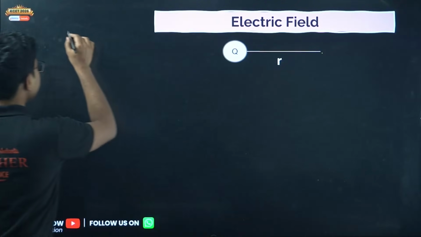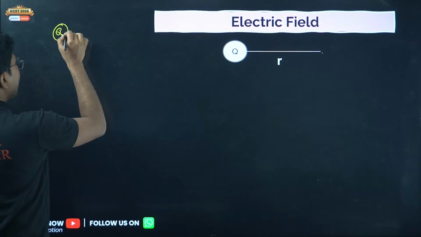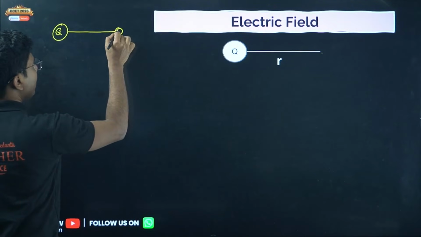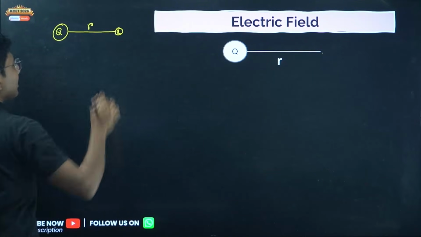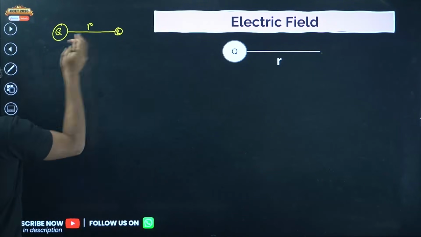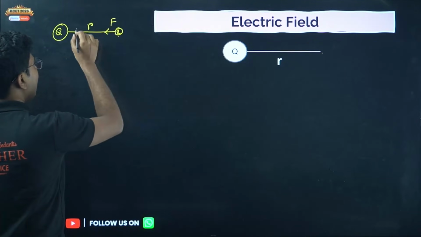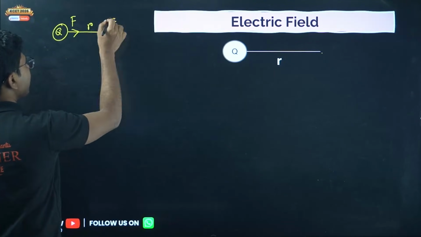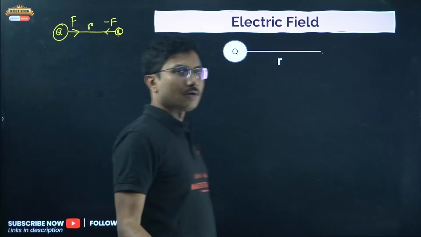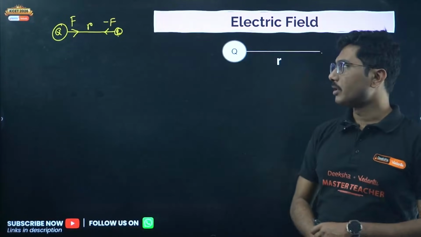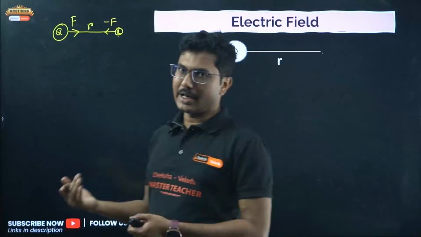We had two charges, say capital Q and small q, and the distance was r. There was a force acting on this. If this force is positive, this force will be negative by Newton's third law of motion, equal and opposite reaction.